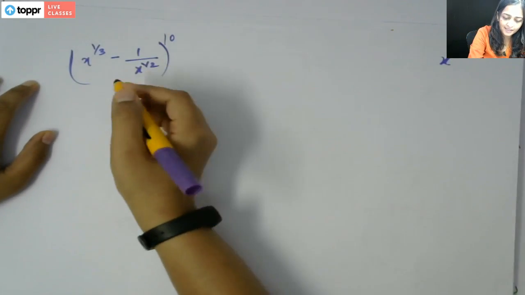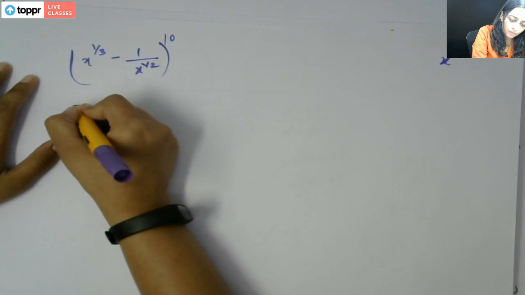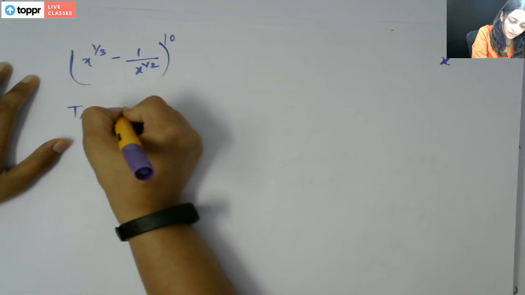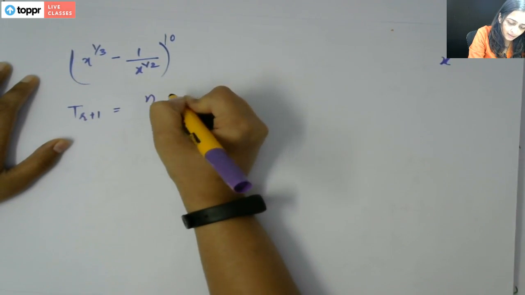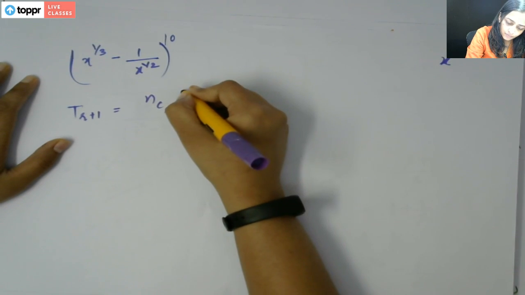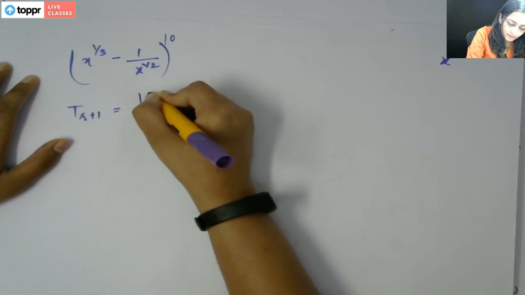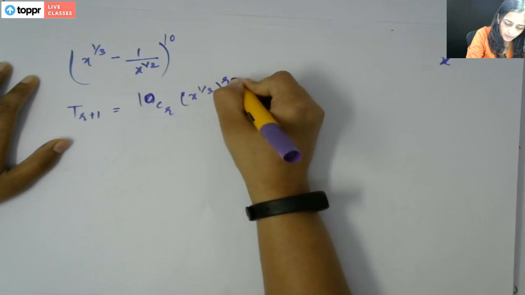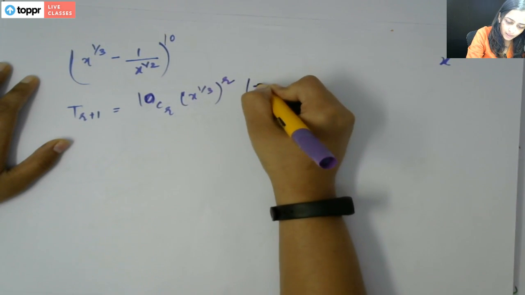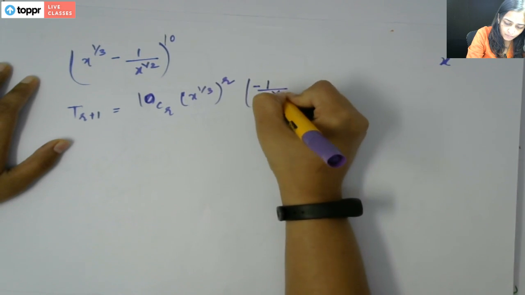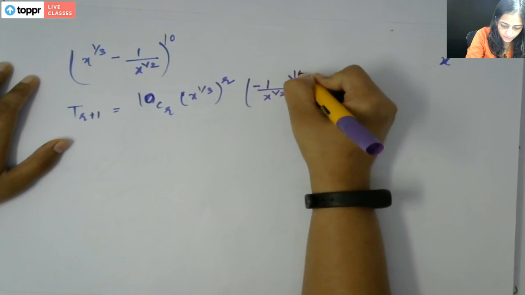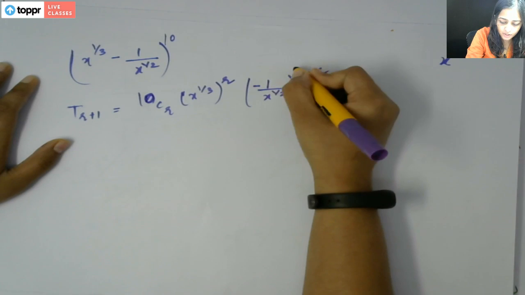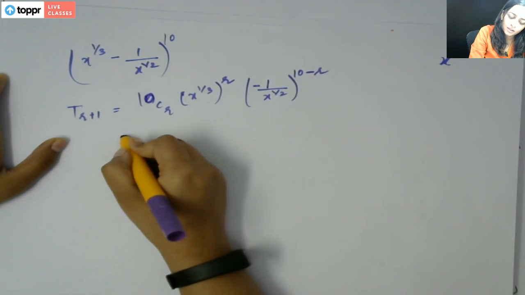Now if I see the formula of T(r+1), which will be equal to nCr, n is 10 here, 10Cr, (x raised to the power 1/3) raised to the power r, and (minus 1 by x raised to the power 1/2) raised to the power 10 minus r.